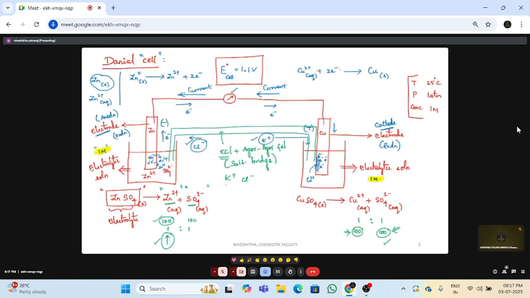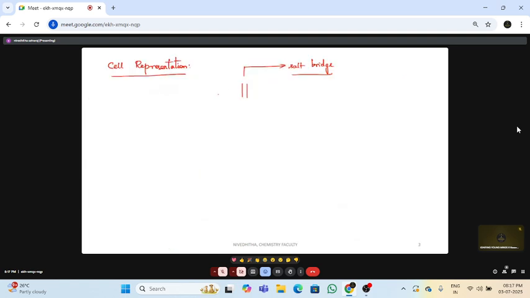From this diagram, please tell me, on the left side of the salt bridge, what electrode do we have? Zinc. Anode, ma'am. Right? And on the right side we have cathode. Yes. So this is the salt bridge. The left side should have the anode, and the right side should have the cathode.